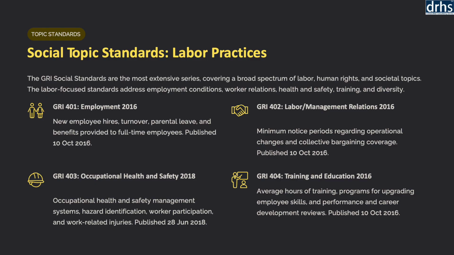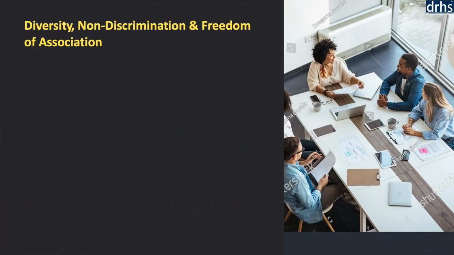Collectively, these standards establish a people-centric framework, integrating social responsibility into organizational strategy. They enable organizations to foster a productive, engaged, and resilient workforce while enhancing transparency, strengthening stakeholder trust, and contributing to broader socio-economic development.